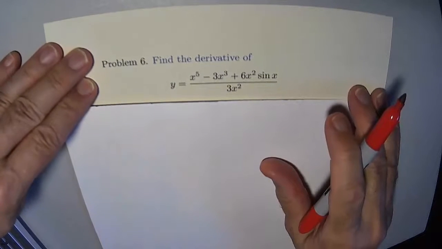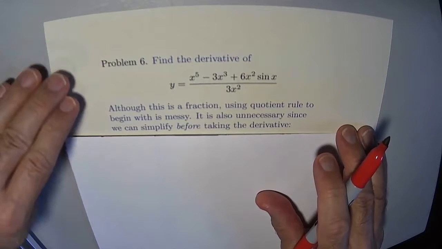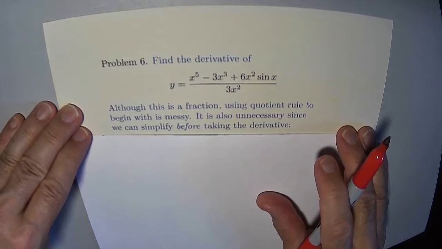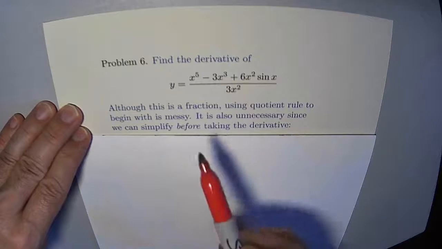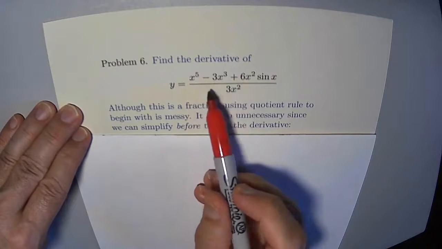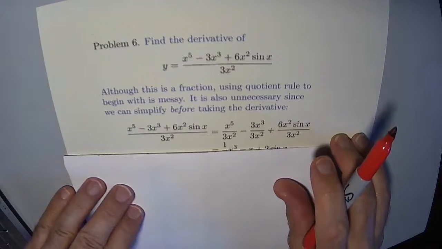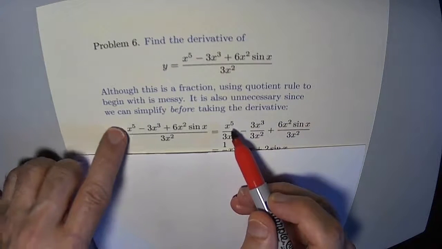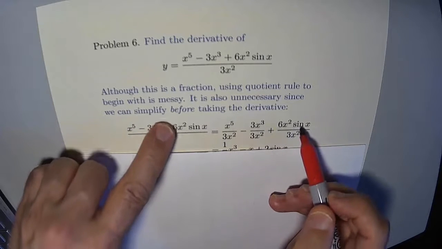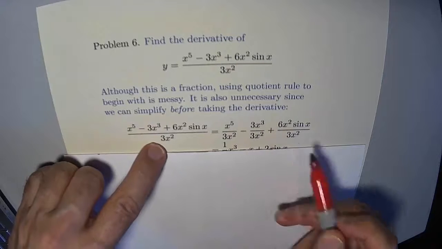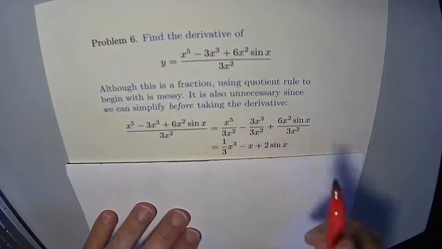So it's a little bit complicated, but if you're careful, you'll notice that we can simplify this fraction first before taking the derivative by simply splitting it into 1, 2, 3 fractions, as you see here. x to the 5 over 3x squared, minus 3x cubed over 3x squared, and finally plus this over 3x squared. And then each of these things can simplify quite a bit.